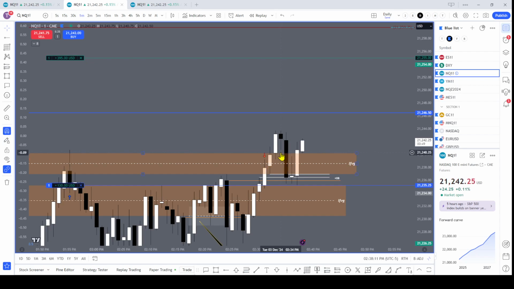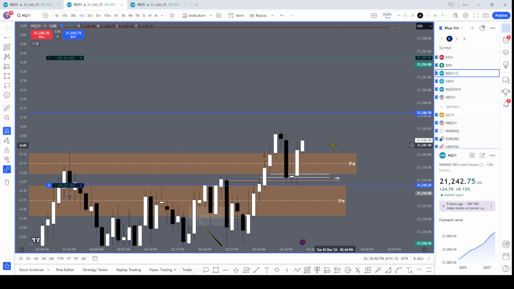Let's see, the low is 21,240.75 right there. The close of this is 21,240.75. Yep, exact same price. It closed right at the low.